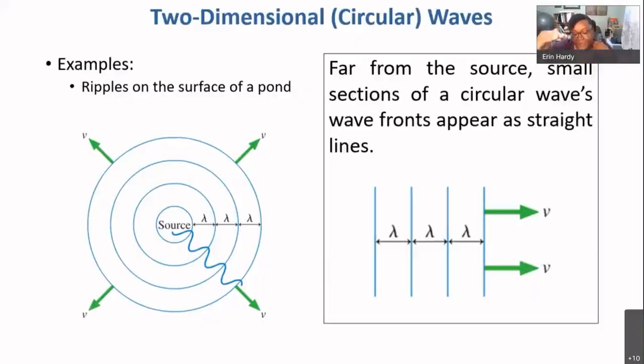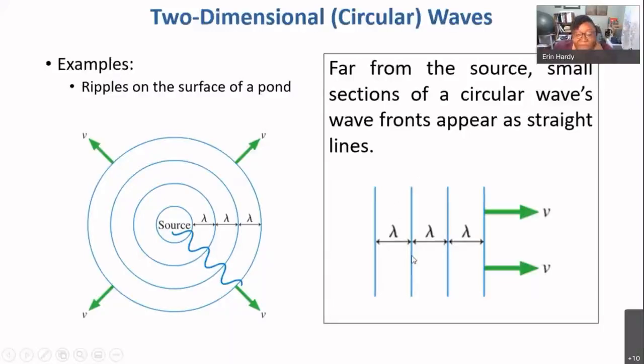One, the wave amplitude, or the height, is going to get smaller and smaller the further away from the source the wavefront propagates. But also, once you got far enough away from the actual location where the rock entered the pond, you would start to lose sense of the curvature of those wavefronts.